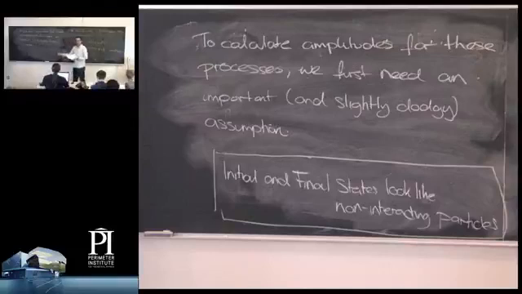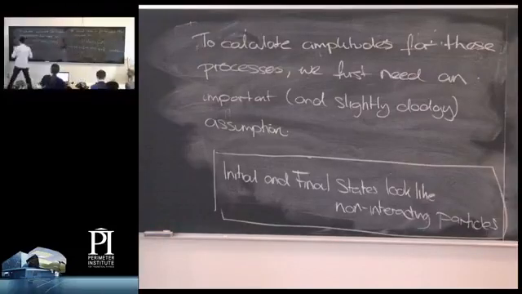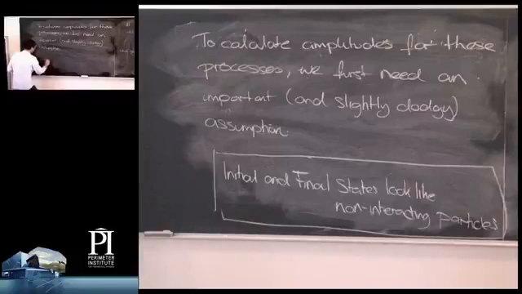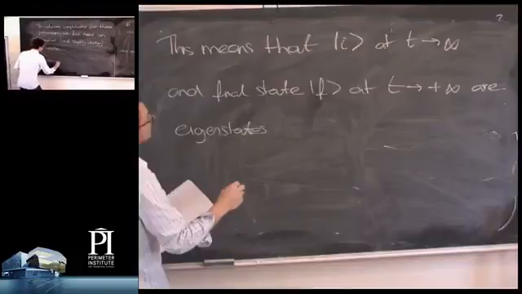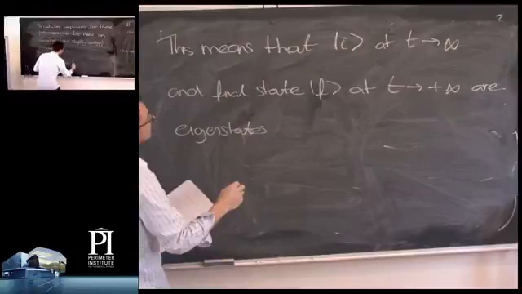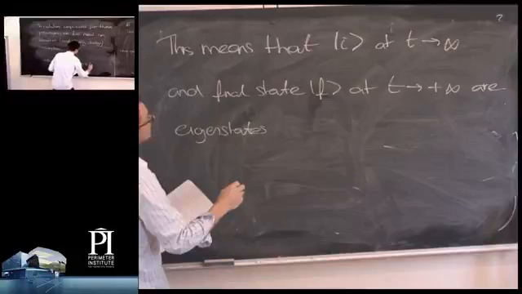So let me tell you what the assumption is, and then I'll walk you through why it's plausible, but why it's also not quite correct. So the assumption is the following, that the initial and final states look like non-interacting particles.